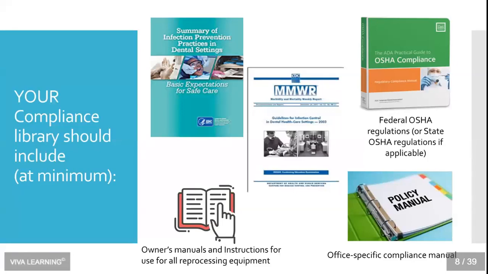Once again, they should be written down. What type of chemicals do you use? What's the make and manufacturer of your autoclave, etc.? Information that's specific to your facility. On the lower left-hand side, once again, the owner's manuals and instructions for use for all reprocessing equipment. It's very, very important to have this information on standby as well.